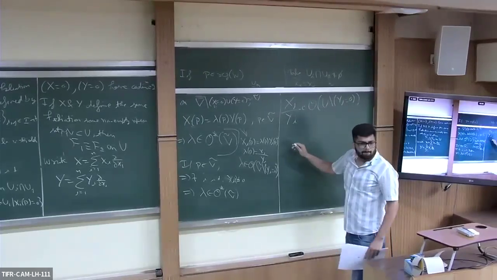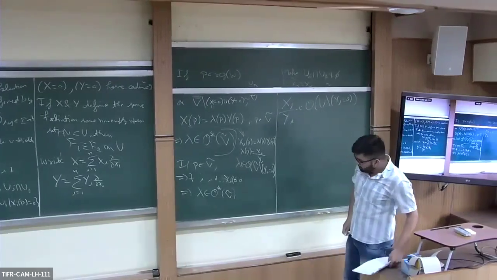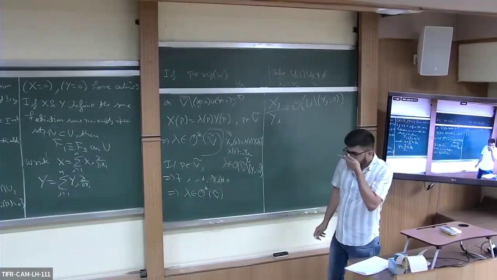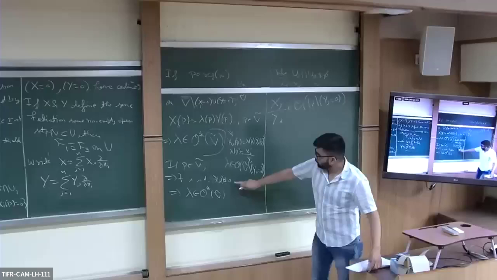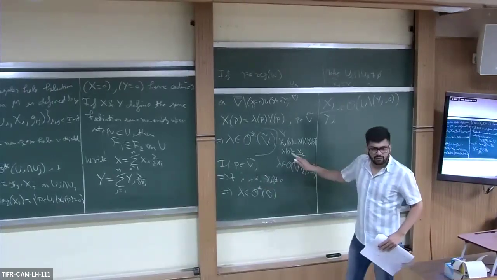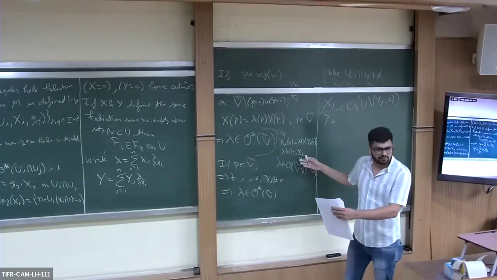Sir, you showed that lambda is holomorphic on V tilde minus yi equals 0. Why does that imply it's holomorphic on V tilde? Because for each point P in V tilde, there exists one such i, and the lambda is the same. We can change i.